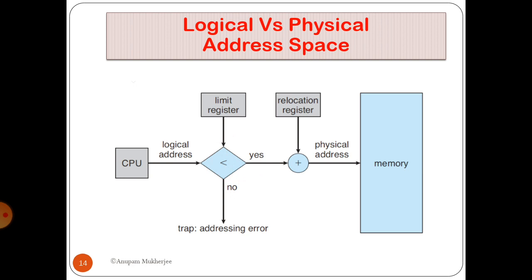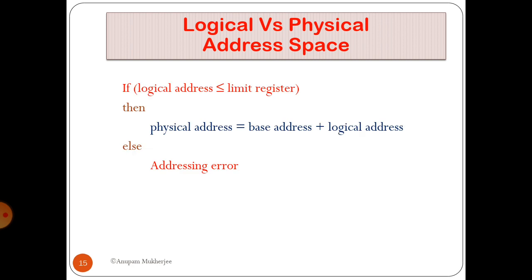If the condition is false, meaning the logical address space size is larger than the actual physical address space, then a trap or addressing error will be generated. Otherwise, if the condition is true, that means the logical address space is less than or equal to the limit register, then the logical address is added to the relocation register and the absolute or physical address will be generated.